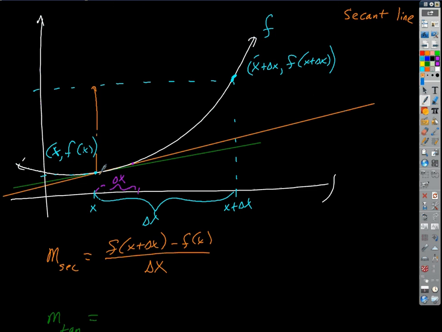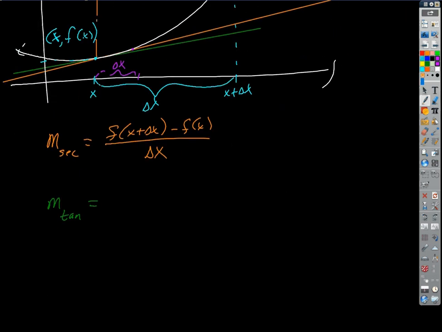So even though we can't divide by 0, we can't let delta x go to 0, we could take a limit as delta x approaches 0 and see what the behavior is. We're trying to get those lines to overlap so well that it becomes essentially a perfect overlap.